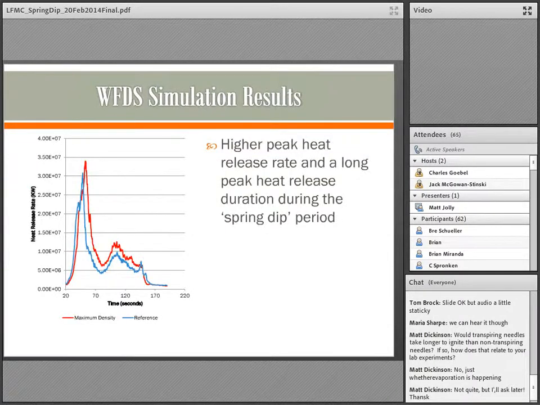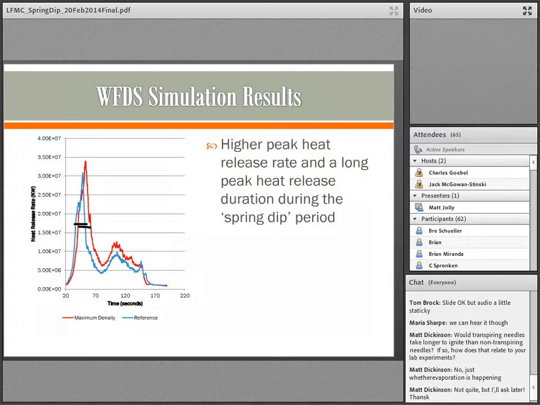And what we found was that during the period of the dip, we actually have a higher heat release rate during that period of maximum density, and we also have a longer duration. So we can see the width of this curve, or the peak, versus the width of the similar curve behind it. If you did the integral, you'd see that there's more total energy released from these stands during the period of the dip.